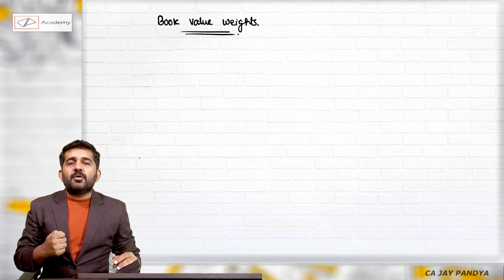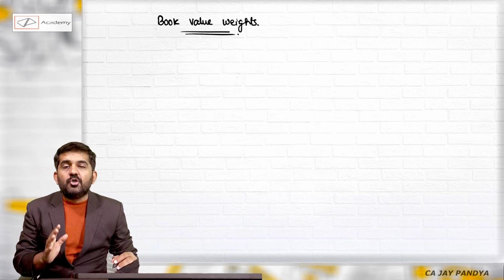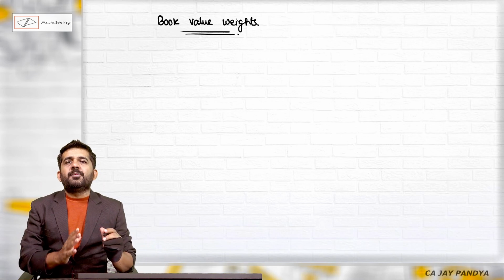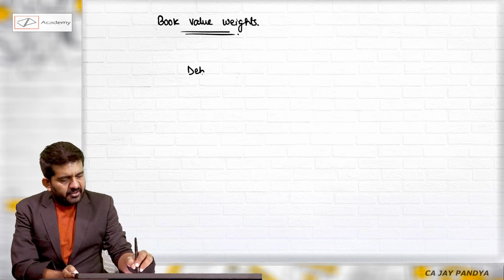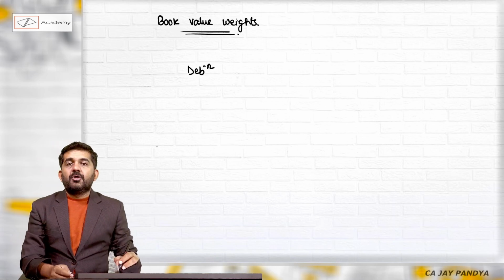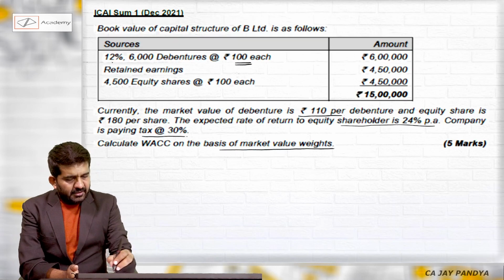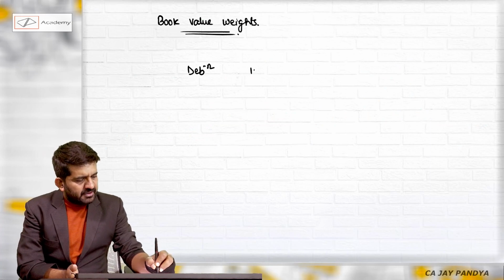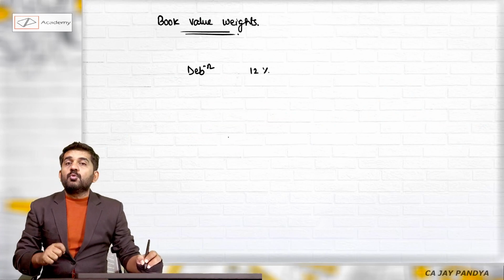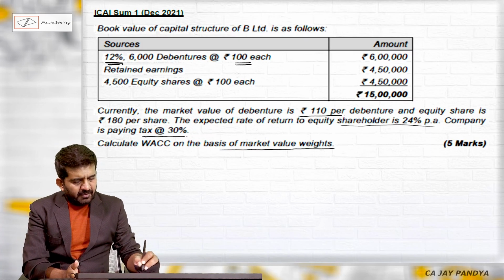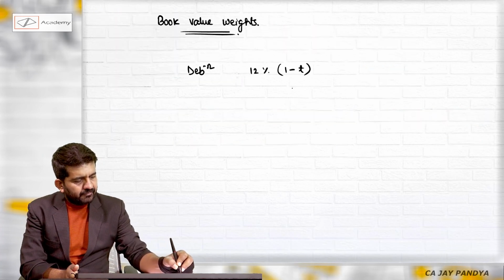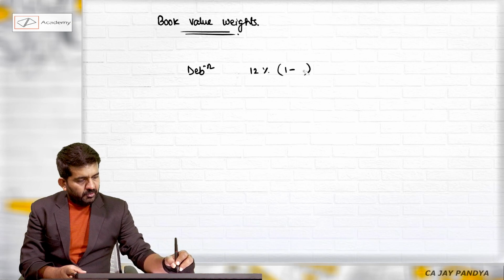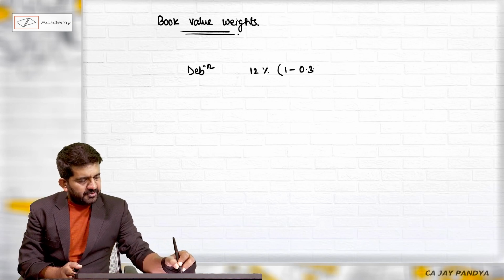See, whenever we are doing the question by book value weights, normally cost should also be considered at book value weights. So, for debentures, what is the interest rate for debentures? 12%. This will be pre-tax. What will be post-tax? Into 1 minus t. What is 1 minus, what is tax rate? 30%.